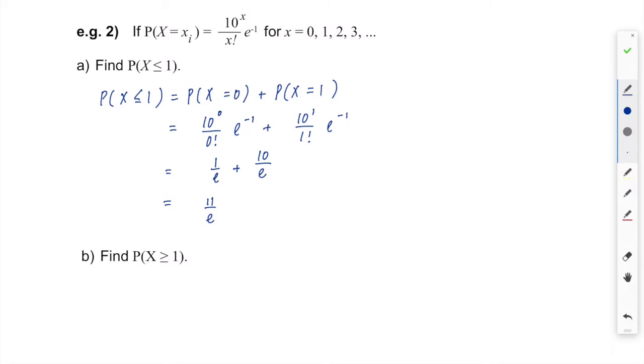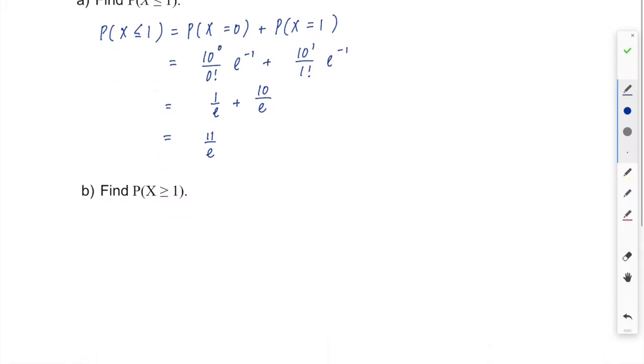Next, I want to find p of x greater than or equal to 1. What does this mean? This means that I have to include cases such as x equals 1, x equals 2, x equals 3.